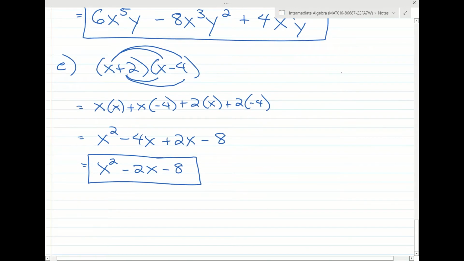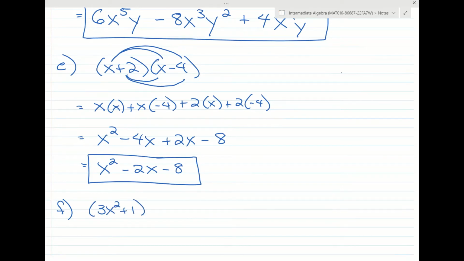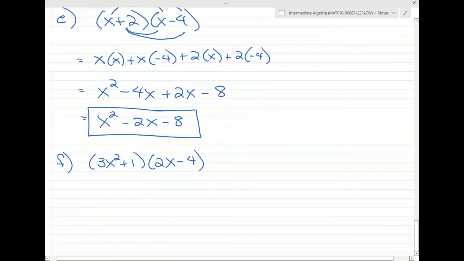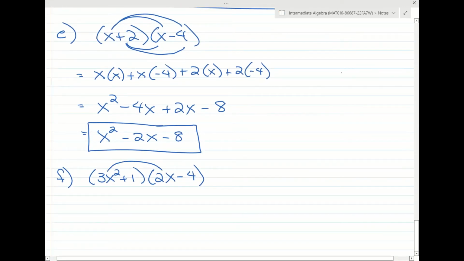Make it a little more advanced here if we did this: 3x squared plus 1 times 2x minus 4. We'll do the same thing. We'll distribute like we did before, and then distribute the 3x squared times everything, and then the 1 times everything.